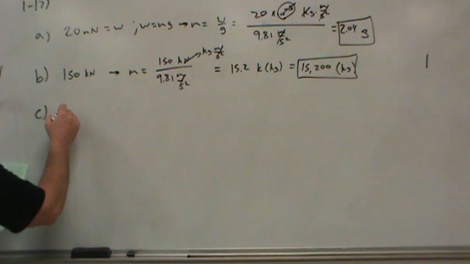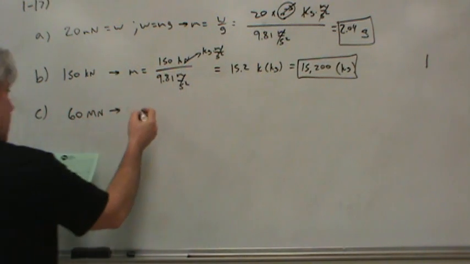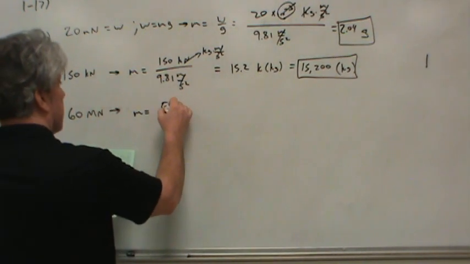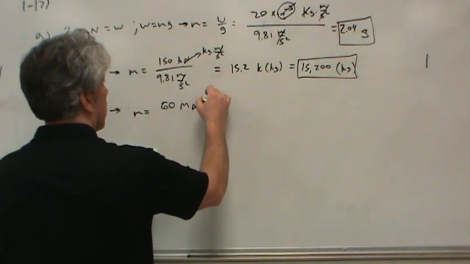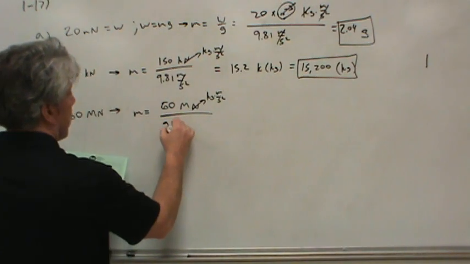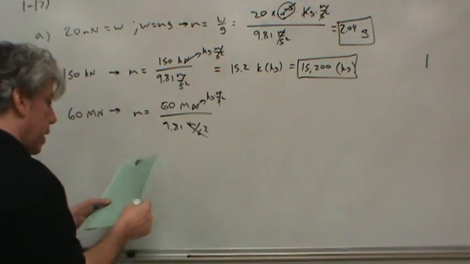Part C says if the weight is 60 meganewtons, then how much mass are we talking about? Well, let's see, 60 meganewtons. Again, newtons are kilograms meters per second squared, so that when we write 9.81 meters per second squared, they can cross off nicely.